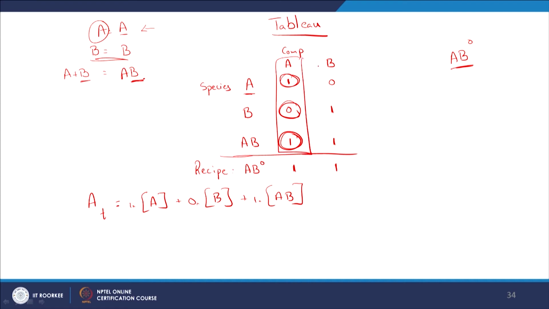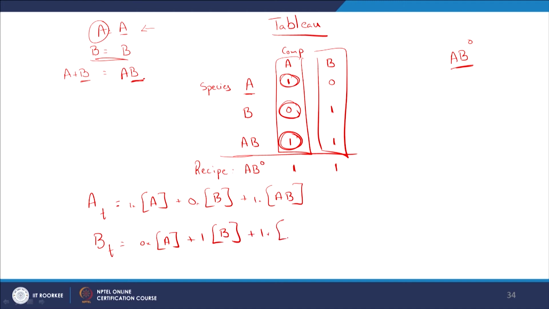Similarly, I can balance out the component B, and B total is going to be 0 times concentration of A plus 1 times concentration of B plus 1 times concentration of AB. And as you can see here, the source of all A or all B is only coming from the initial compound AB naught that you are adding, or the AB naught initial concentration.